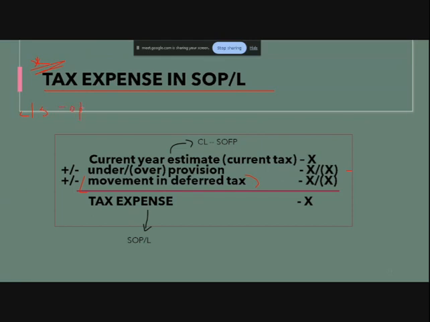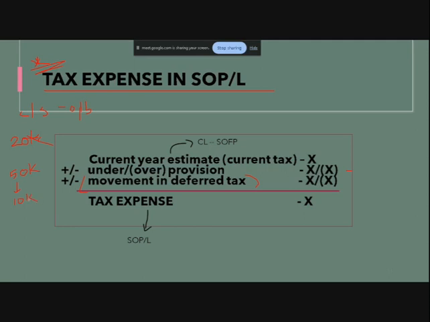So I told you the opening balance was 20K, and in the question they also told you that the deferred tax liability at the end of the year was 50K. This is the closing balance. Now, out of this 50,000, let's say 10,000 relates to revaluation.